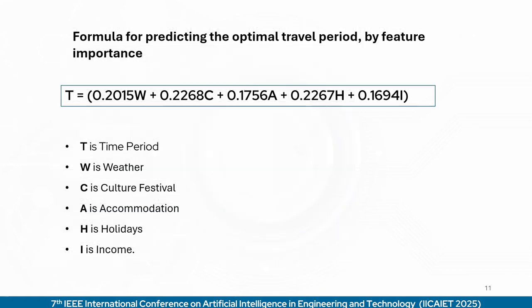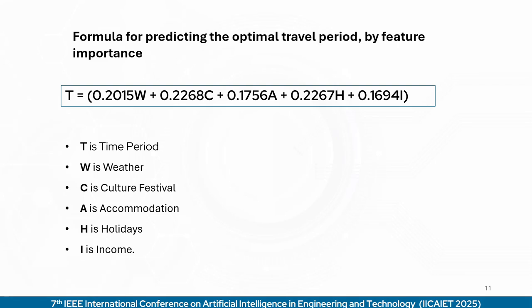And next, here I am showing the formula we derived from the random forest model to predict the optimal travel period. The formula is a weighted combination of the most important features that influence tourism in Kandy. Each factor has a specific weight based on its importance in the predictions. W is weather, which contributes about 20% of the predictions.